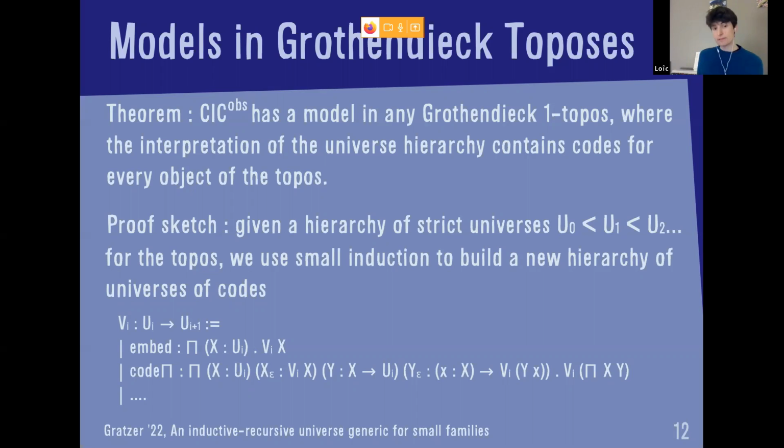And thus, with this interpretation of the universe of observational type theory, we get that any theorem that we proved in our observational type theory that quantifies on the universe will actually be interpreted by a function in the topos, in the Grothendieck topos, that can apply to any type inside the Grothendieck topos.